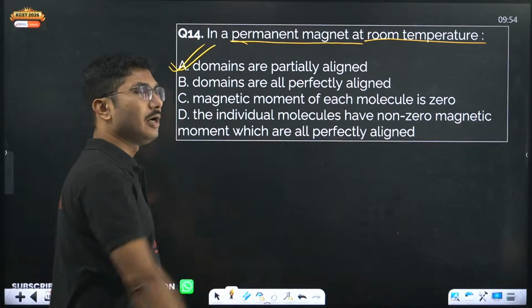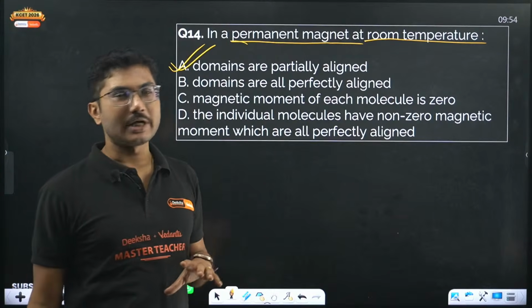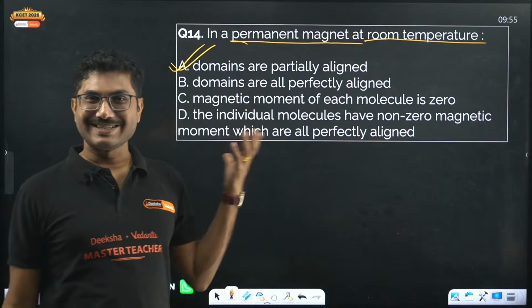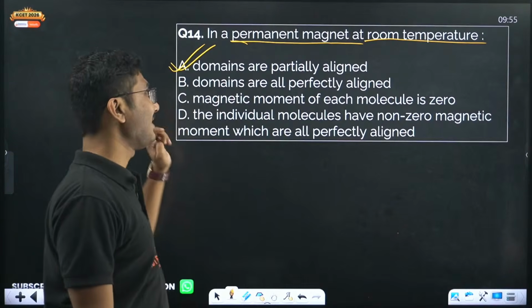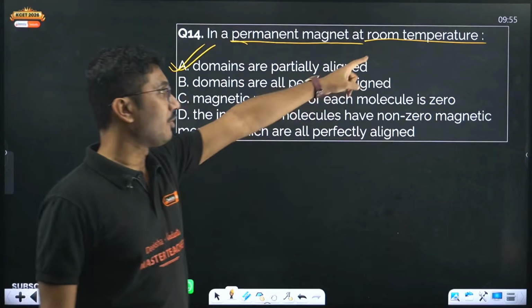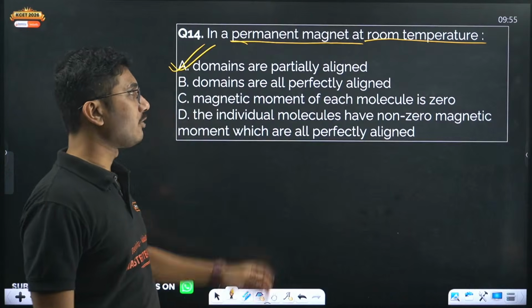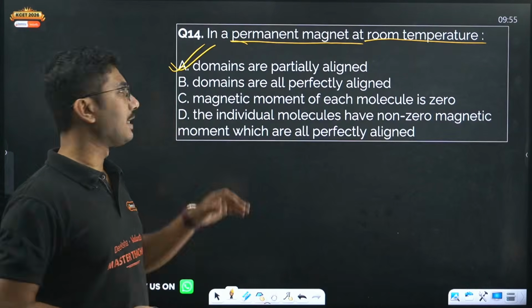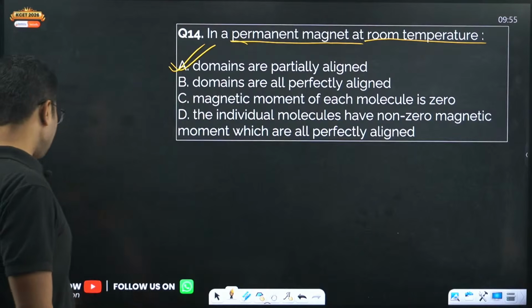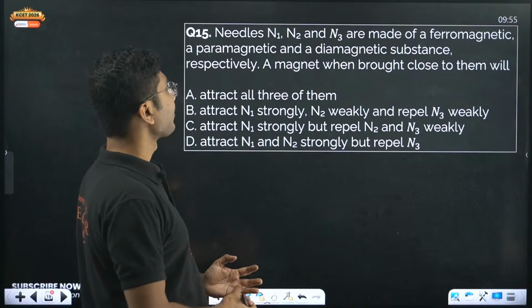Based on the quality of the substance and the element used inside it, the percentage changes, but they are obviously not perfectly aligned. Correct is partially aligned, because at room temperature the atoms vibrate because of the heat energy, and domains will partially align. Now next question.